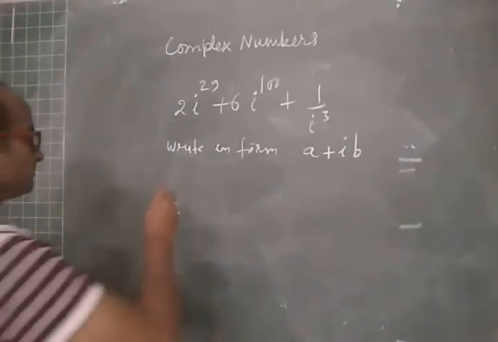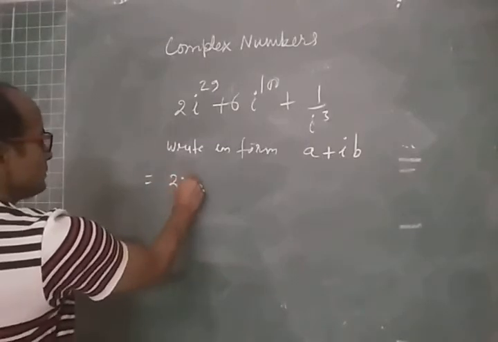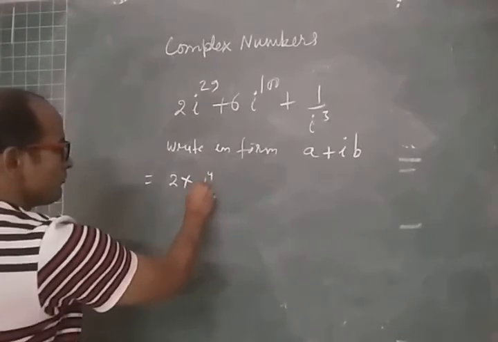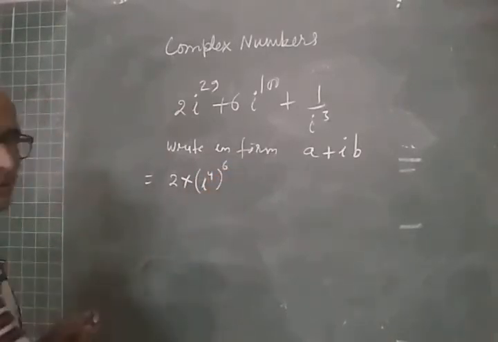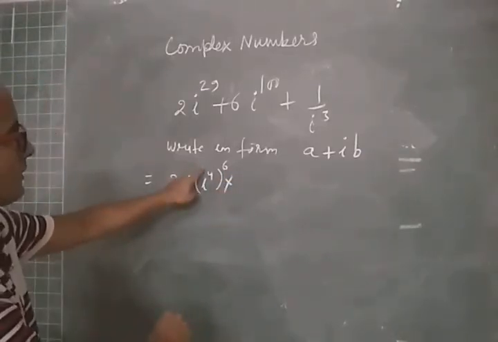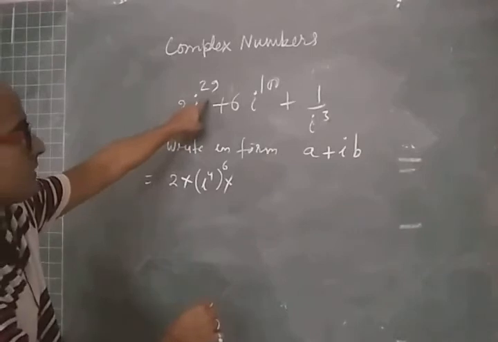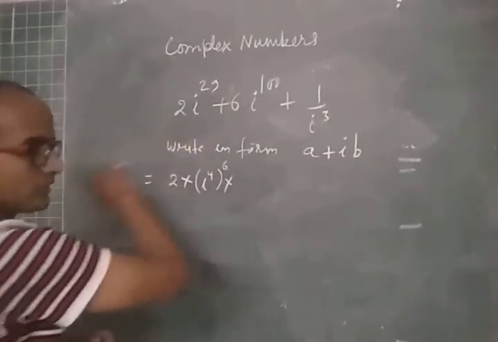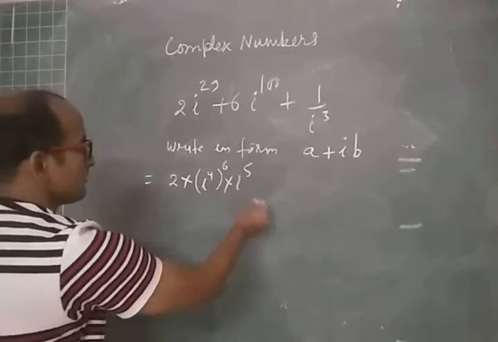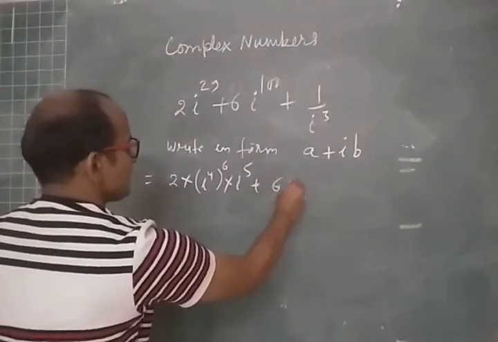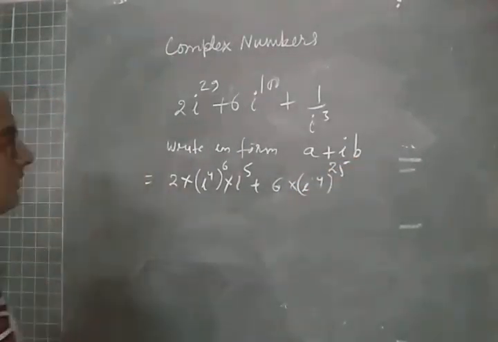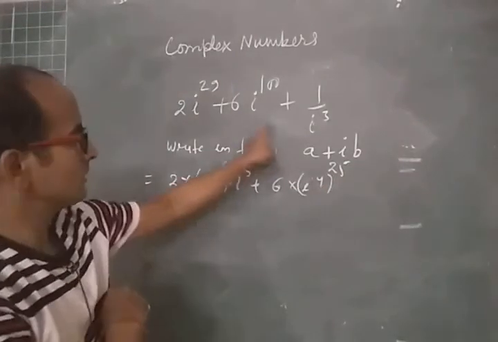So again we will solve. 2 into iota raised to the power 29, you can write iota raised to the power 4 into 7, and the remaining: 7 4s are 28, so iota raised to the power 1. Then plus 6 into iota raised to the power 4 raised to the power 25. 25 4s are 100. This is completed.